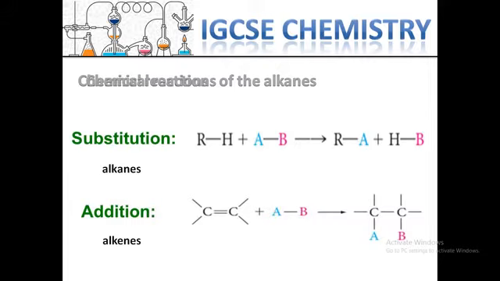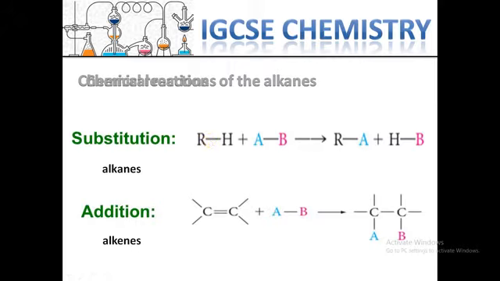One product is the part of A which reacts with R, and the second product is the part of B which reacts with hydrogen from the alkane. This is a substitution reaction.